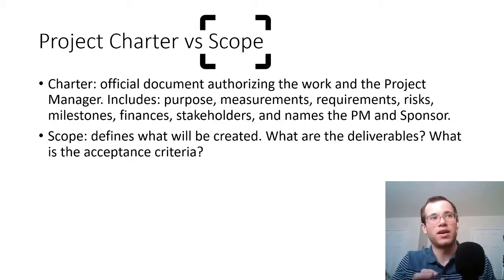The other term here, which is easily potentially conflatable, is scope, and there's some key distinctions here, which is basically the scope is what happens after your project's been created, and it's defining what you will create. And so this is where we're going to say what are the deliverables in our process, and what is acceptance criteria. So what does good look like after I've done this particular project? So management will have already told you we want a server farm.